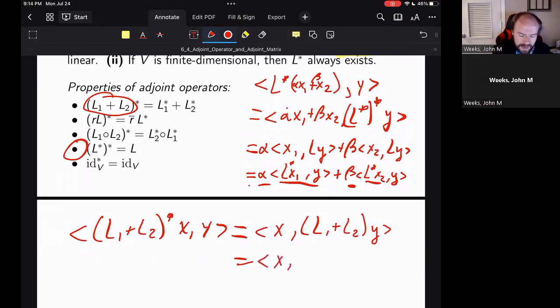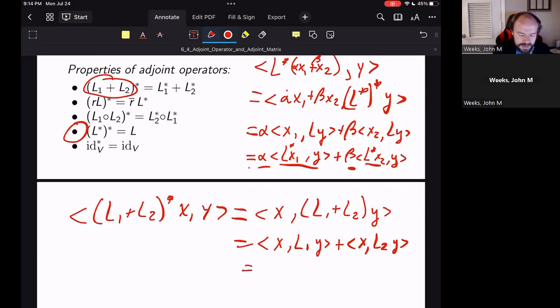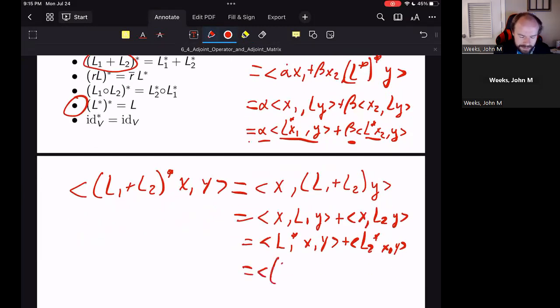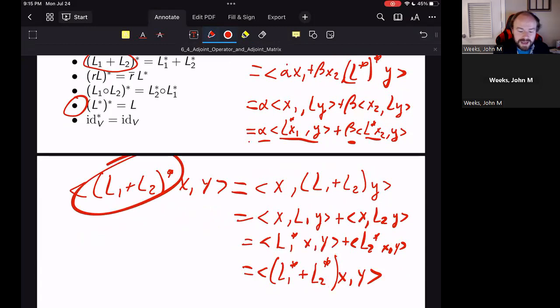But either way, I can write it like this: x comma L1y, plus x comma L2y, and then I can bring the L's back over as L1 star of x comma y plus L2 star of x comma y. And then finally, I can add these back, and grouping together the L1 and L2, these two end up looking like the same operator as well. They agree on all inner products.